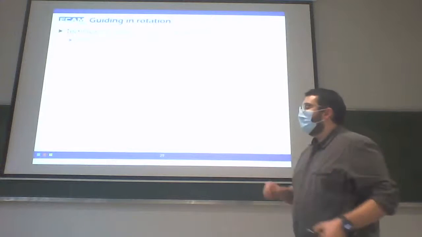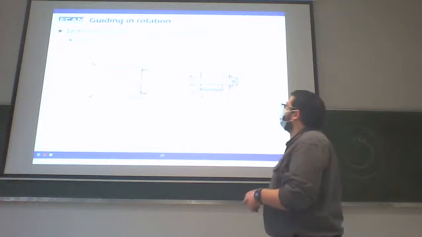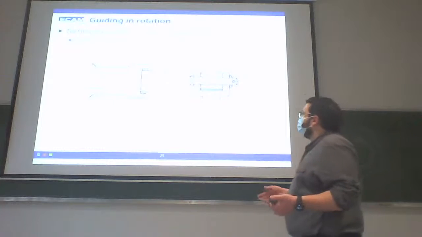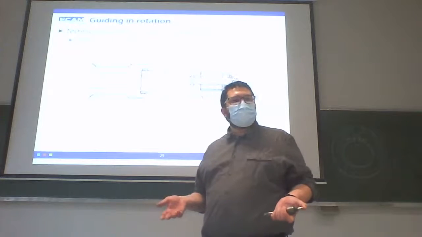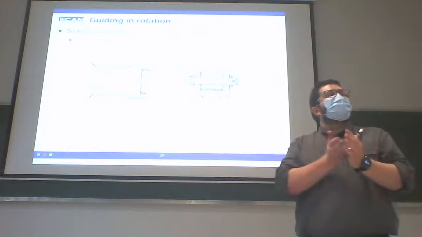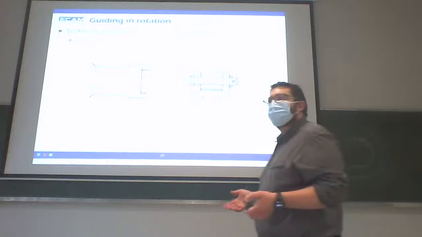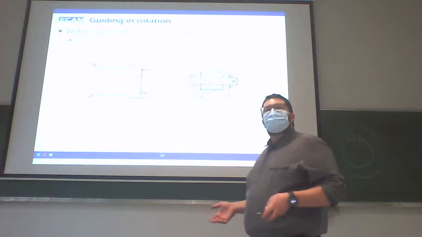So first solution is to realize a direct contact. I directly have the contact between two cylindrical parts, with a direct contact to stop the translation to realize a revolute joint.